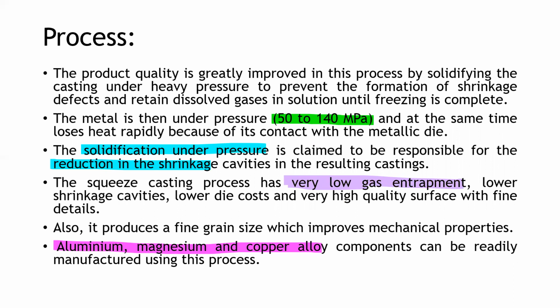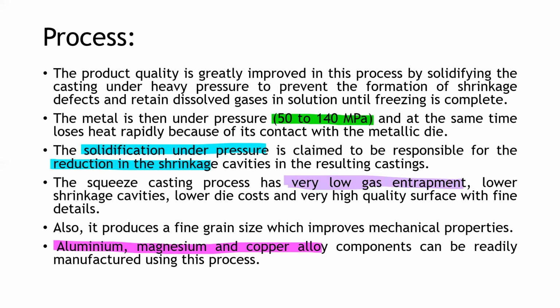In this process, the product is made by applying pressure. In the forging process we usually apply pressure and deform the shape of the metal. Here in the squeeze casting process, heavy pressure is applied until the solidification is complete.